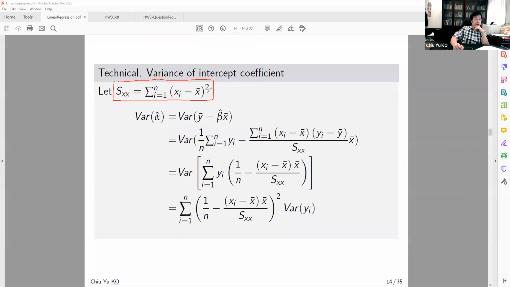And alpha is defined by this formula here. What we do is replace y bar by its definition, the sum of y over n, and here is the difference of beta, the covariance, the sum of this over Sxx. I just simplify.